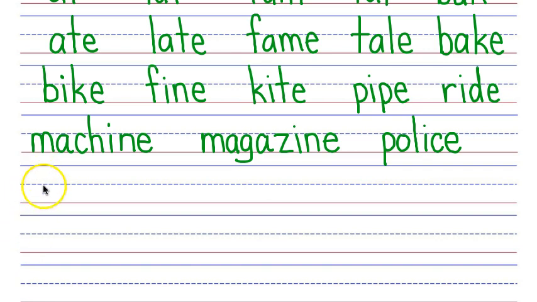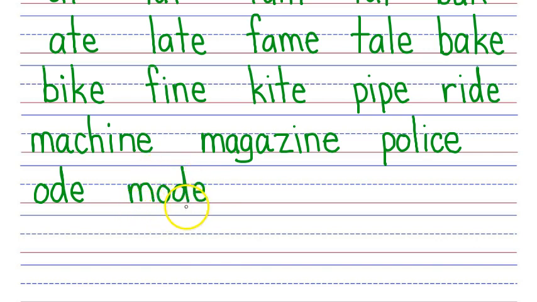Next up is ode. We need an O that makes a long O sound, O, a D that says D, and the silent final E to make the O make that long sound. O, D. Next word, mode. We have an M that says M, an O that needs to make a long O sound, a D that says D, and a silent final E to make the O make that long sound.